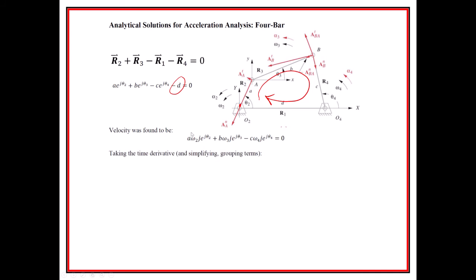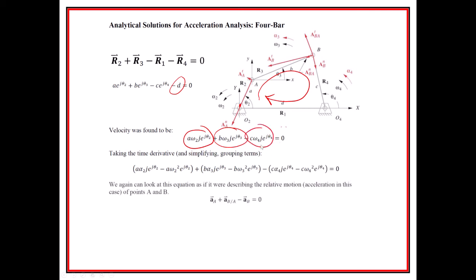Now if we take the time derivative of this and group it, we have the time rate change of that velocity, the time rate change of this velocity, and then the time rate change of this velocity. And all of them have different parts.